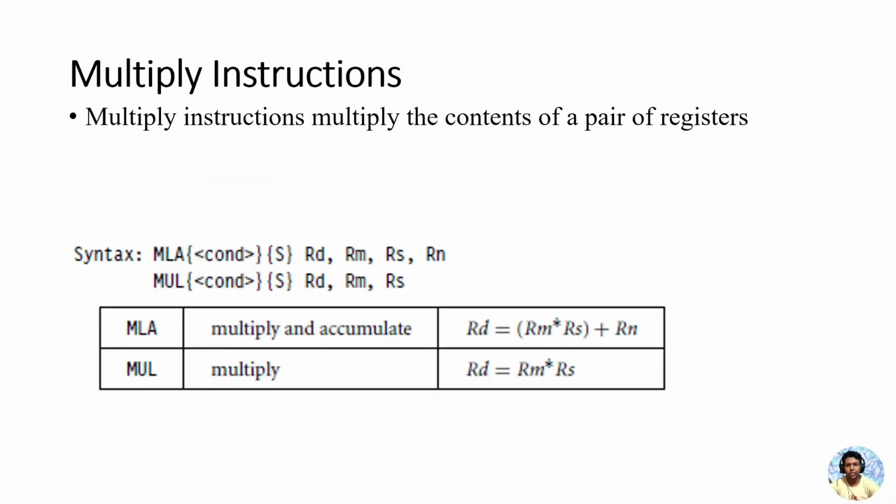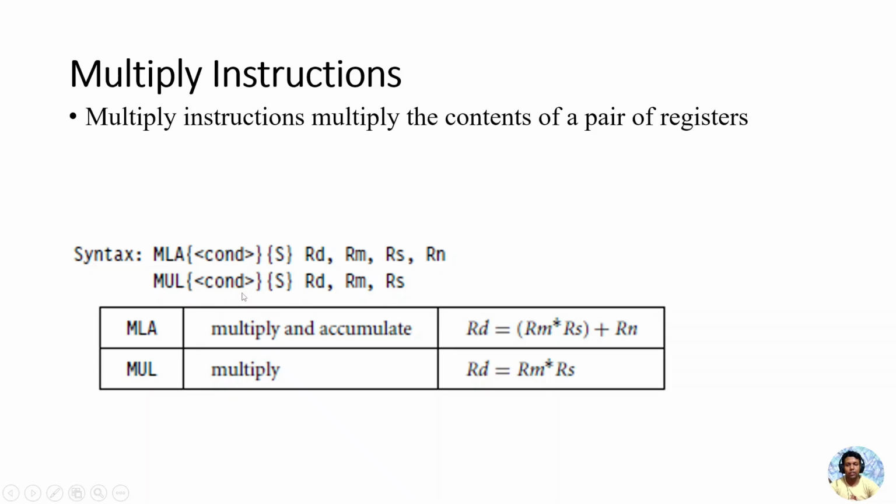Multiply instructions. Multiply instructions multiply the contents of a pair of registers. Syntax: MLA, condition, S suffix, Rd, Rm, Rs, Rn. Rd is the destination, Rm, Rs, Rn are the sources.